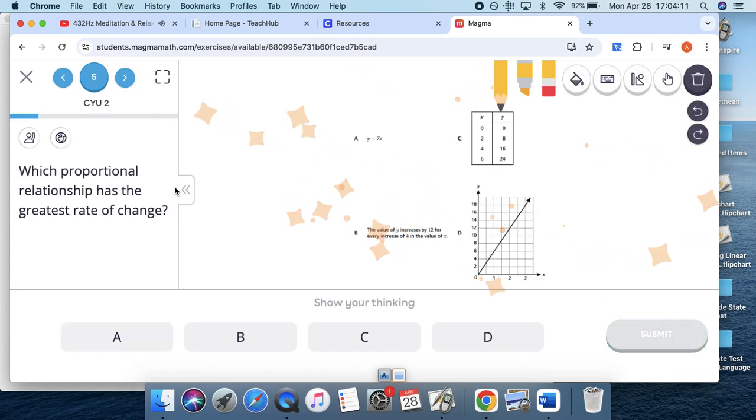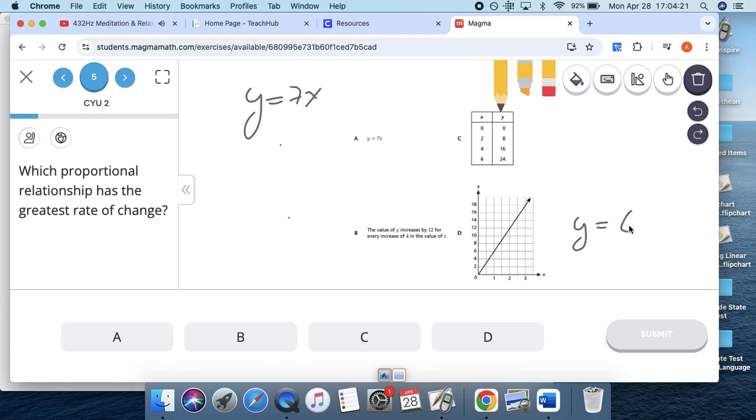Which proportional relation has the greatest rate of change? We already did that. Now I'm sure you're thinking, let me just write something here. This was y equals 7x. This was y equals 6x. They're all proportional, meaning they all go through the origin, right? So all 4 equations will be y equals something x. I forgot what this was. This was 4x, I believe.